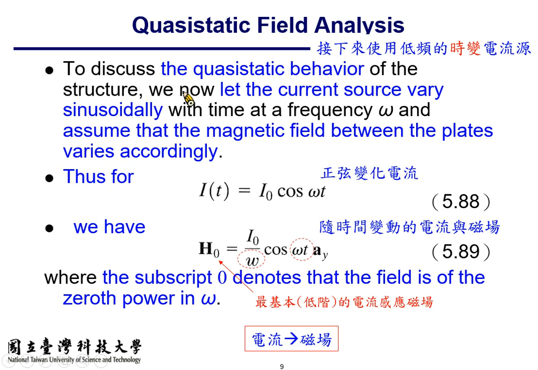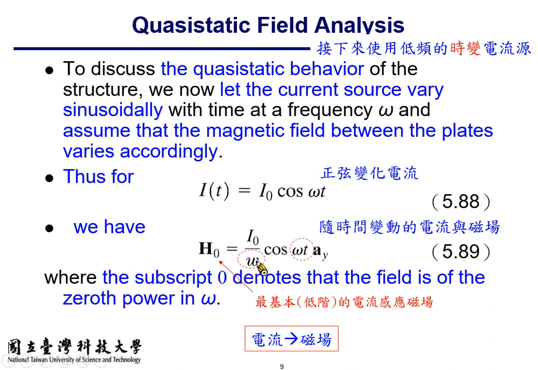Okay, for the time being, we have a time variant current source. Its magnitude is I sub 0 cosine omega t. Then substitute it into the previous magnetic field equation, and we end up with I sub 0 times cosine omega t divided by W. Note that the one inside the cosine function is omega, the angular frequency.